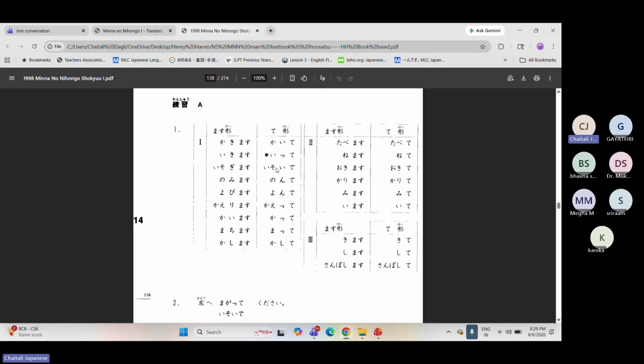I'm repeating again: this is your first group, this is your second group, and this is your third group. So here the first group rules will apply, second group rules, and third group rules. We have only two words here, kimasu and shimasu. Just take 5 minutes and go through this chart. If you feel you have not understood anything, please let me know.